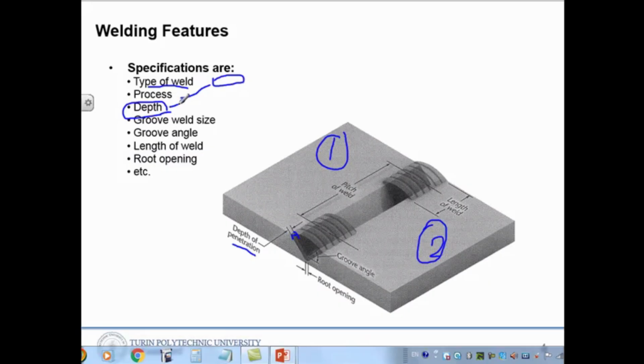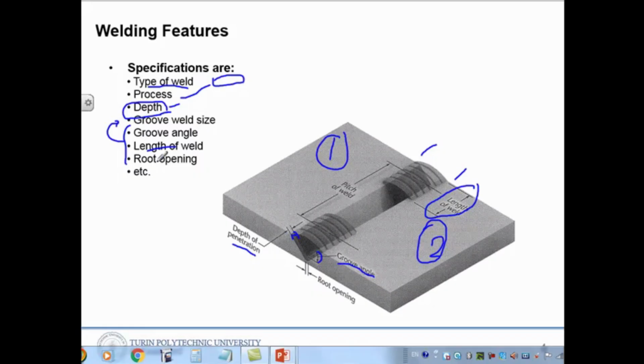And the groove weld size: the length of the weld, this and that, and the groove angle. The angle is this one, and the length of weld is here. These three things are related to groove weld size.